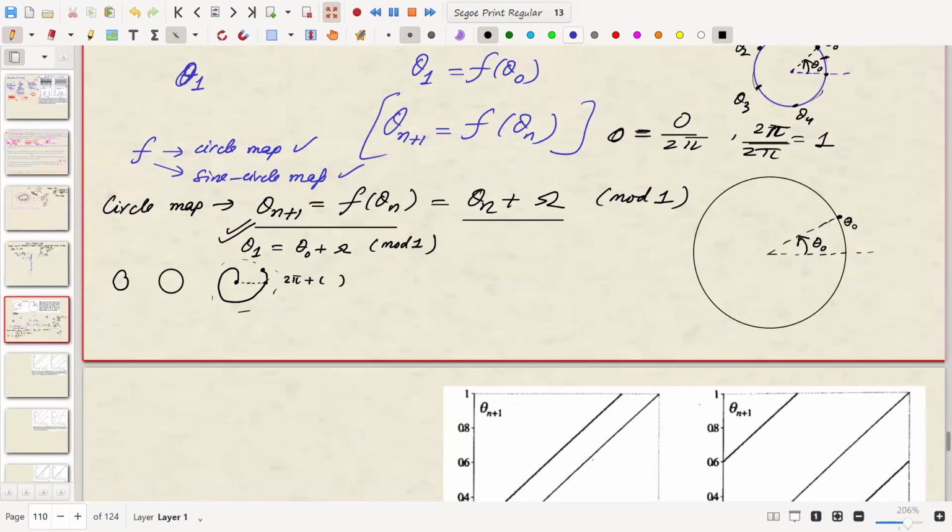Therefore we made this concept of mod 1. What is the concept of mod 1? We said first normalize. That means any angle from 0 to 2 pi will now look like 0 to 1. How? This is normalization: divided by 2 pi, divided by the total interval.